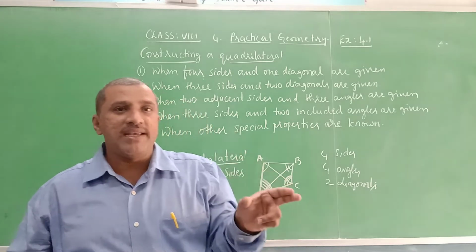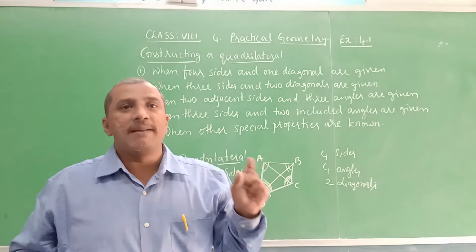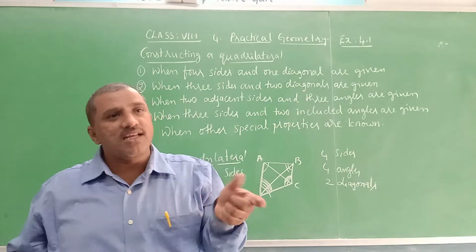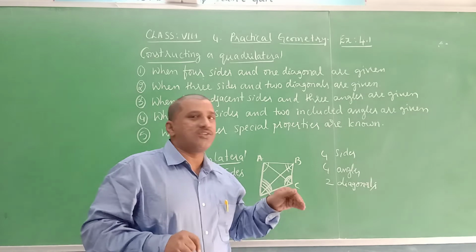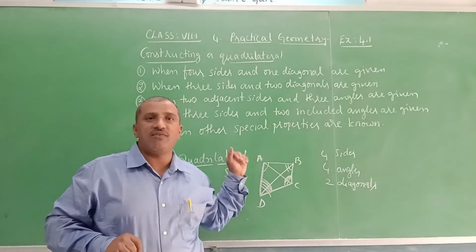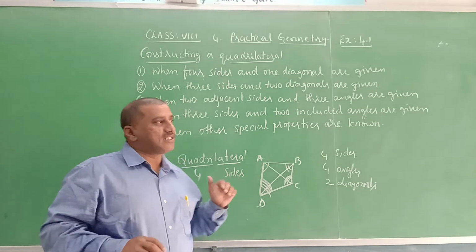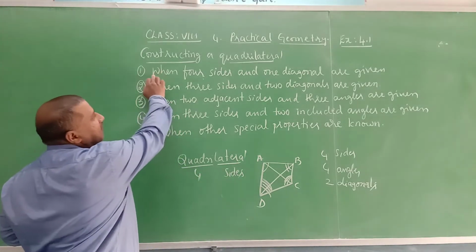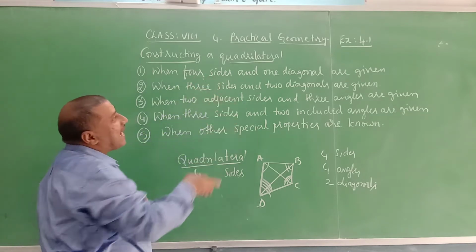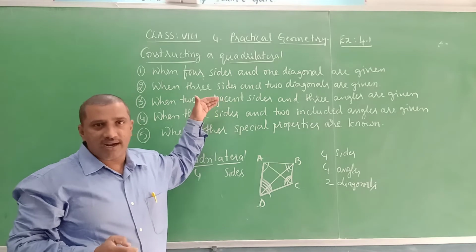As we know, in a rhombus all the sides are equal. Therefore, when one side is given, the 4 side measurements are known to us and we can construct even a rhombus. Now we will discuss the first case, when 4 sides and 1 diagonal are given, how to construct a quadrilateral.